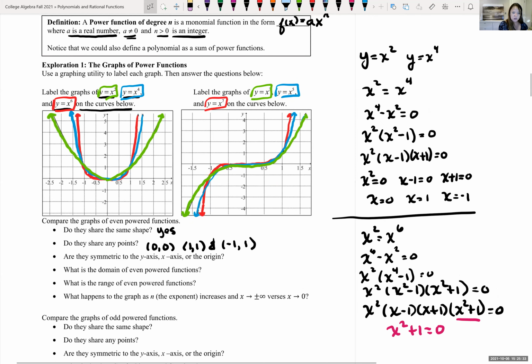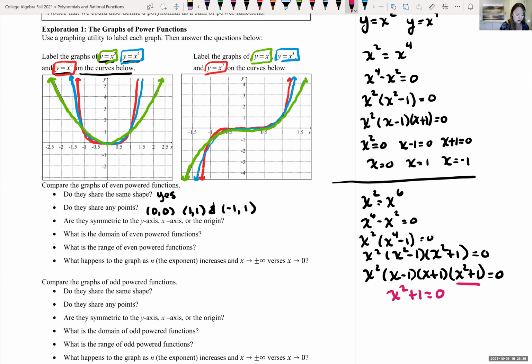If we subtract 1 on both sides of our equation and take the square root, well, the square root of a negative number is an imaginary number, and we get back plus or minus i. Since that is imaginary, there's no point in the real number system where they share in common, other than the 0, 1, and negative 1 that we had talked about over here.